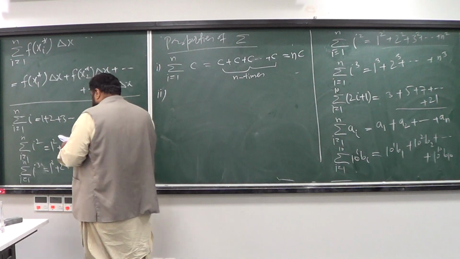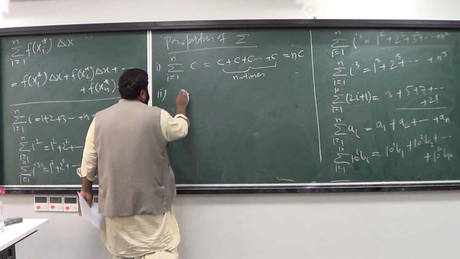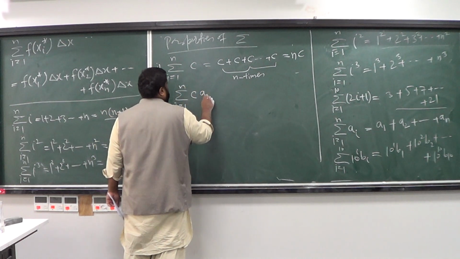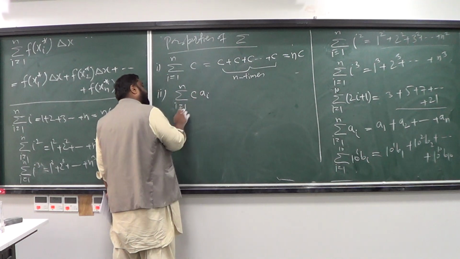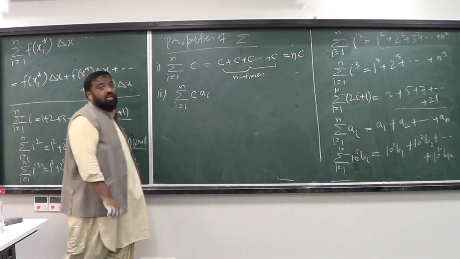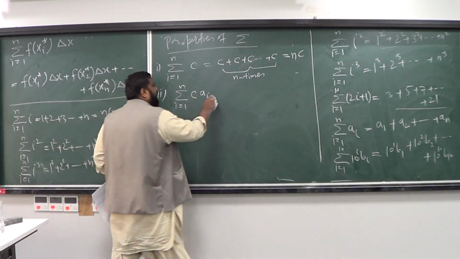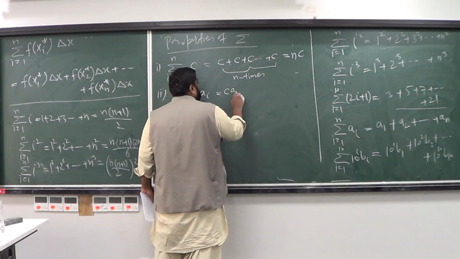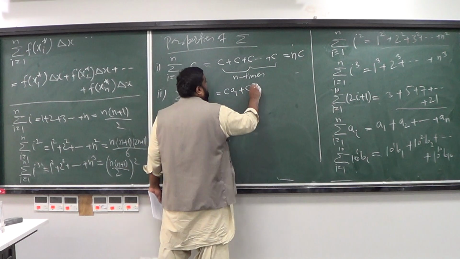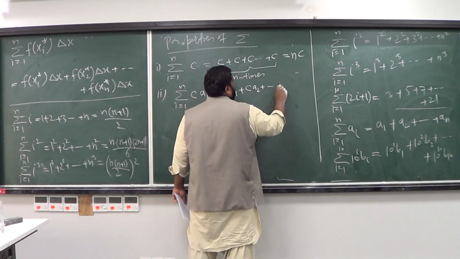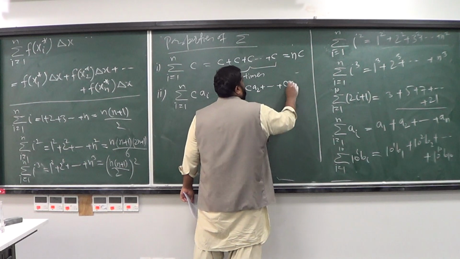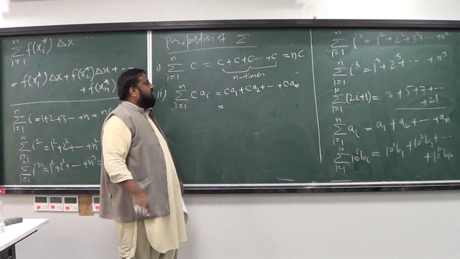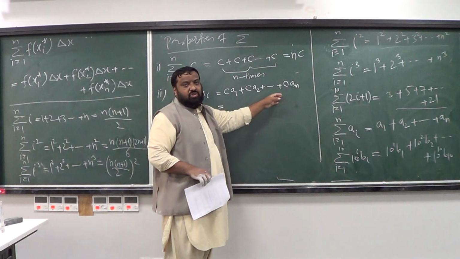The second property of the sum is that if you have, for example, the sum from i equal to 1 to n of C multiplied by a_i, so something that involves the index but is multiplied by a constant C, how is it going to look if you expand it? This is going to be Ca1 plus Ca2 plus so on and so forth, Can. Now C is common in all, so you can pull it out.